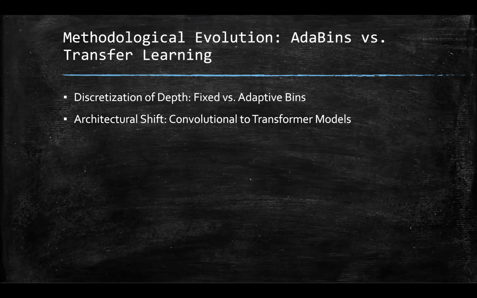While the transfer learning methods we looked at were largely convolutional, AdaBins employs a transformer-based architecture. This shift allows AdaBins to better capture the global context of the image, an important aspect for understanding complex depth relationships.